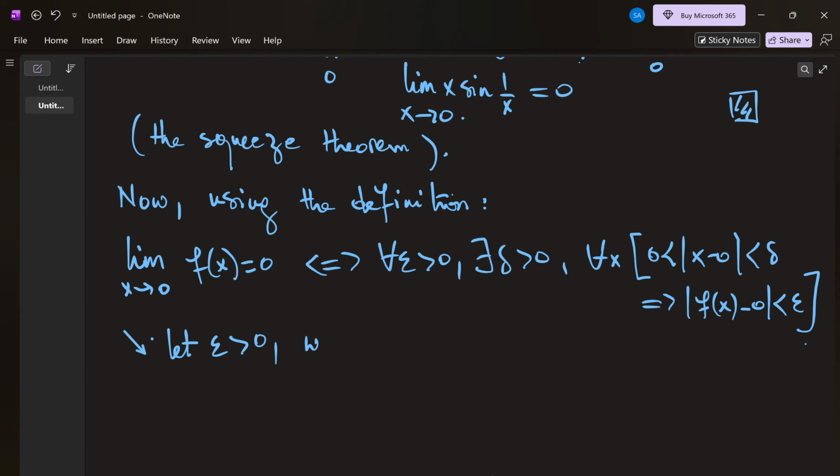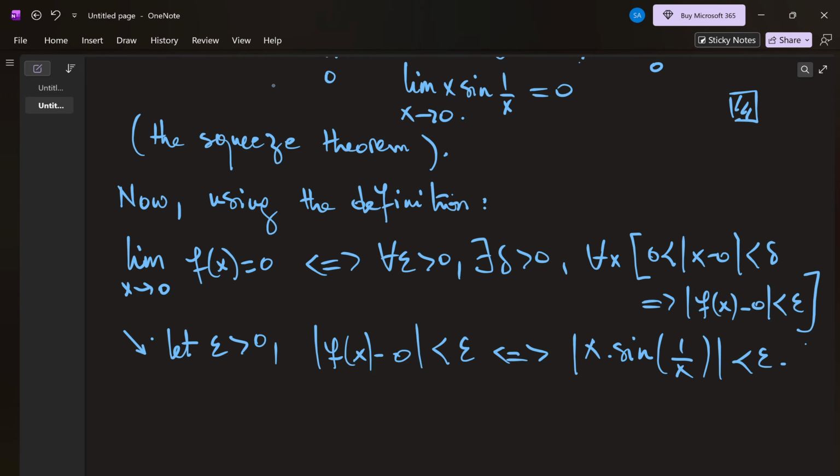Now we have f of x minus 0 less than epsilon means that the absolute value of x times sine 1 over x is less than epsilon.